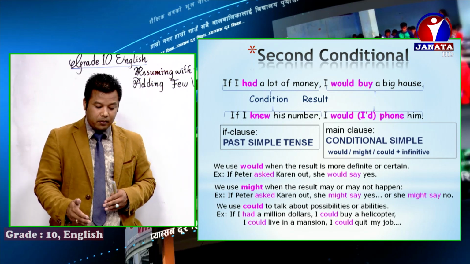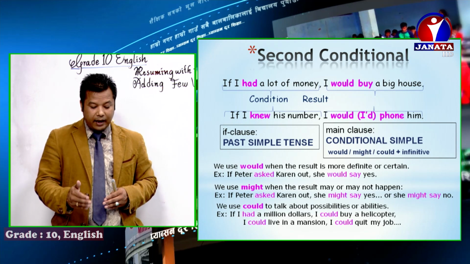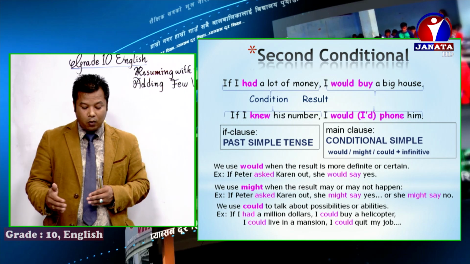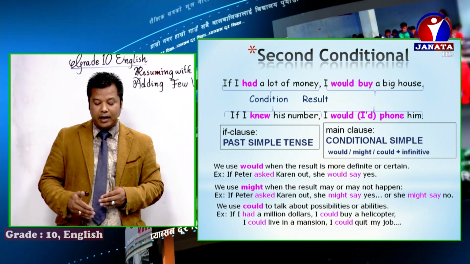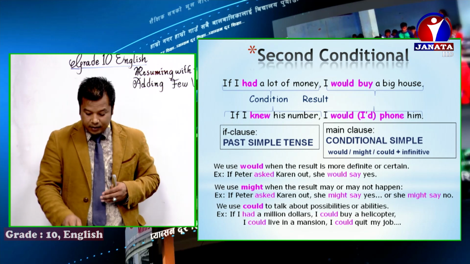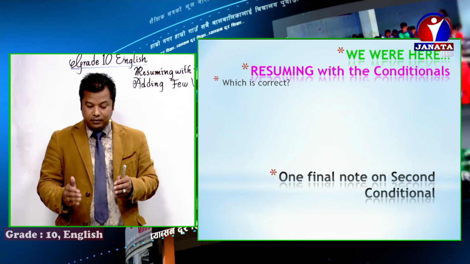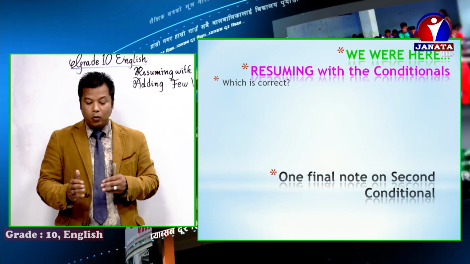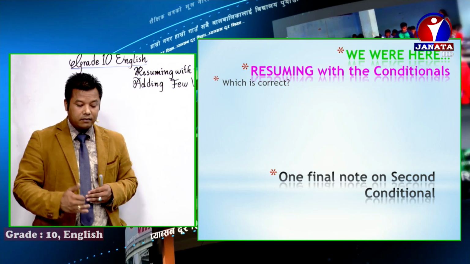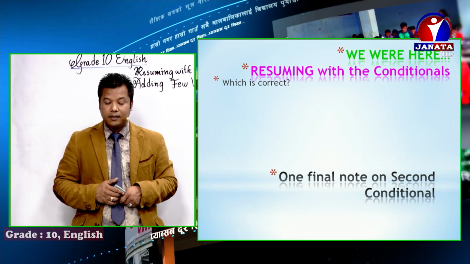And here's the example: if I had $1 million, I could buy a helicopter, or I could live in a mansion, or I could quit my job, and I could live on my own. So this is where we were in our last class, and I prefer to move on, resuming with the conditionals.